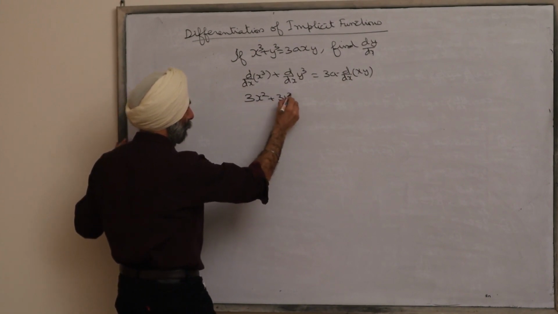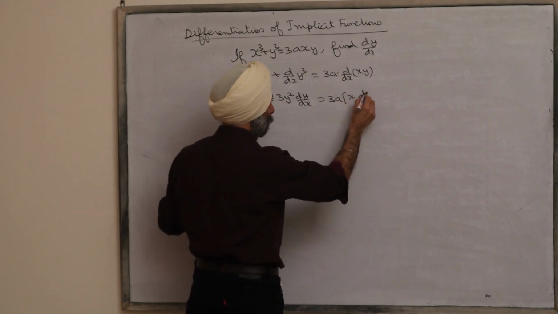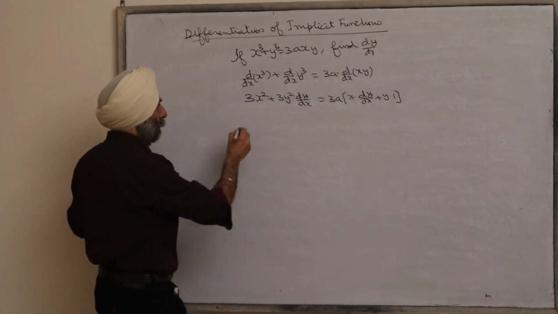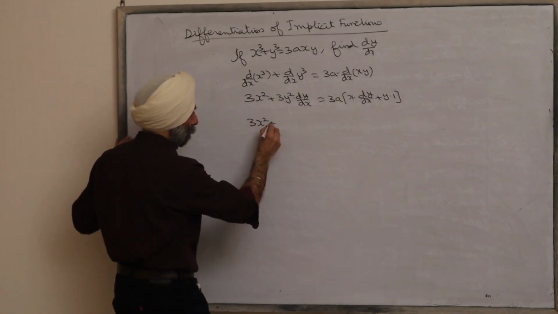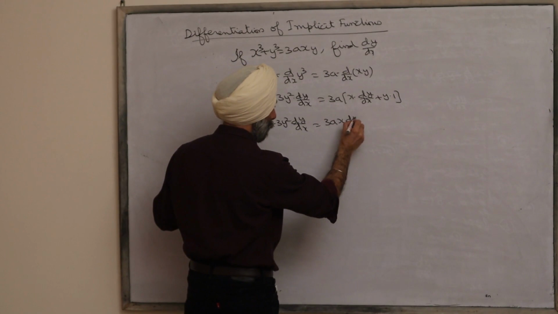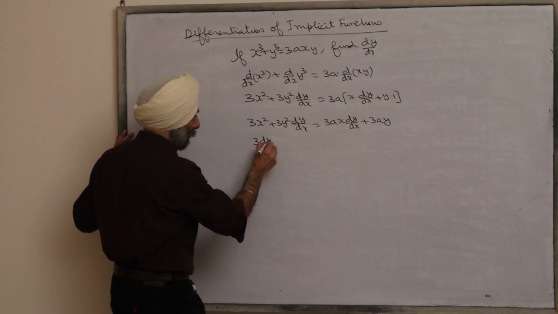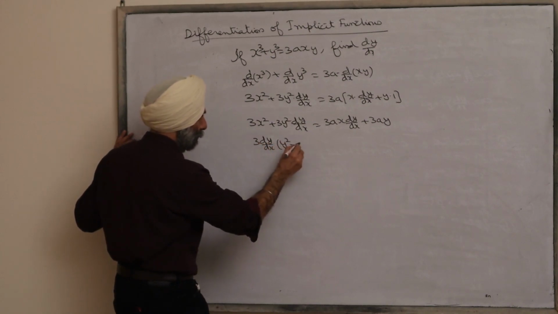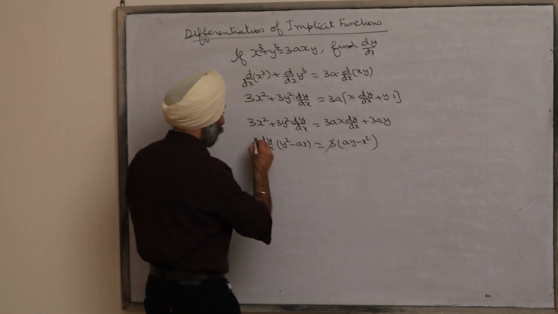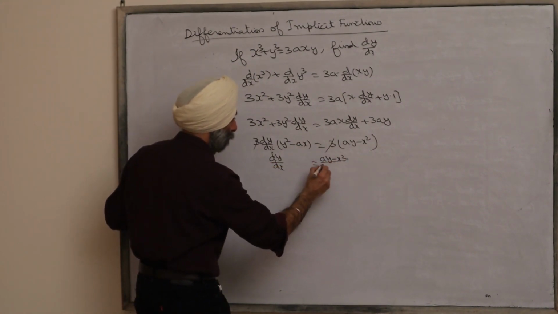So 3x square plus 3y square into dy over dx is equal to 3a times first function into the differential of second plus second into differential of first. Now 3x square plus 3y square dy over dx is equal to 3ax dy over dx plus 3ay, or 3 times dy over dx is common, it is (y square minus ax) is equal to 3 times (ay minus x square).